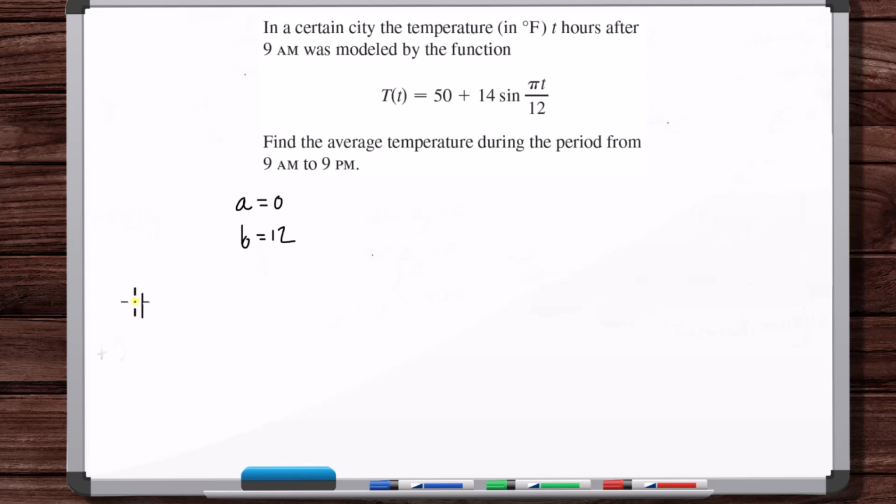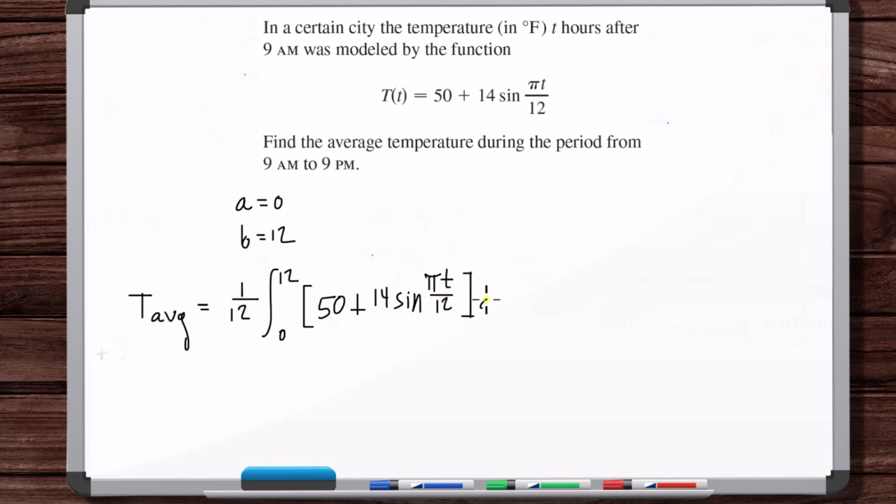T average is equal to 1 over 12 times the integral from 0 to 12 of the function 50 plus 14 sine of pi t over 12 dt.